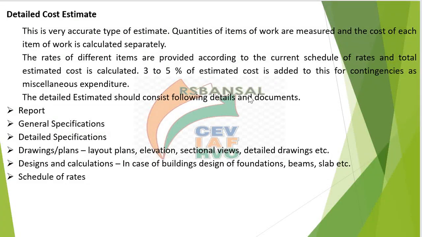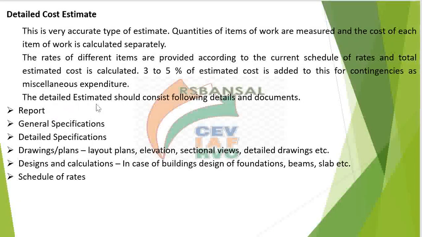Here you calculate the quantity of each item and then multiply that quantity with the item rate, which is given by the common schedule of rates of state PWD, or you can take CPWD rates for each quantity. Then when the cost of each quantity is calculated, they are added up, and to that you add approximately 3 to 5% for contingencies and miscellaneous expenditure.